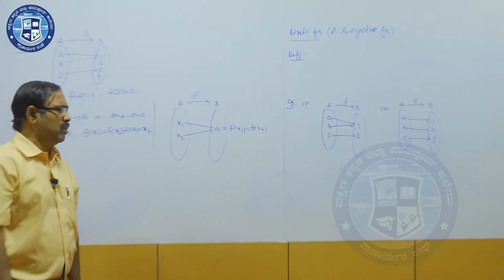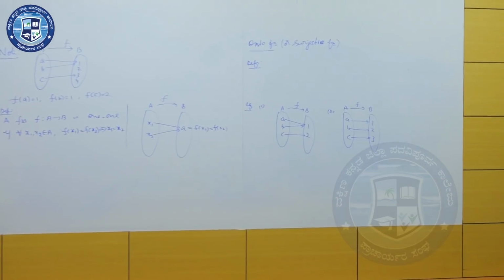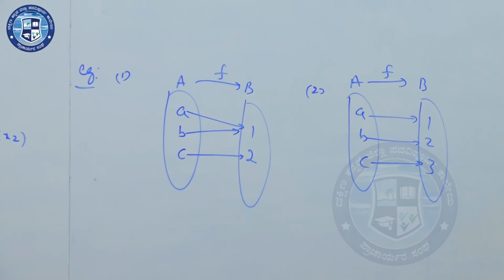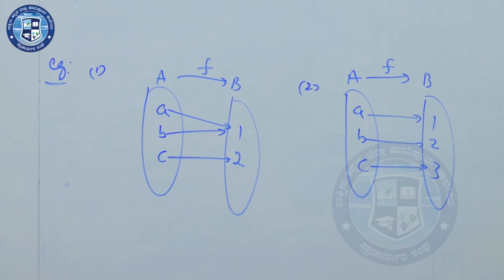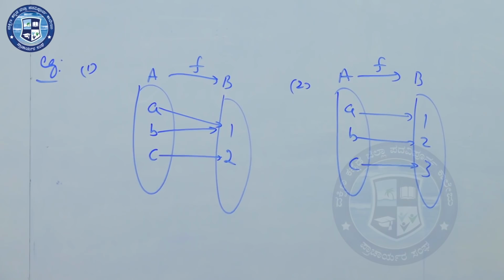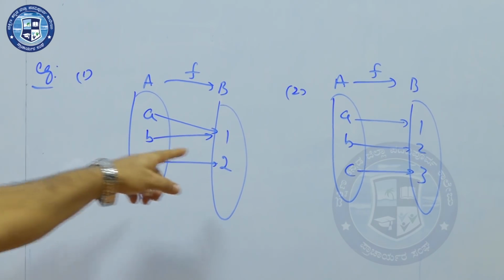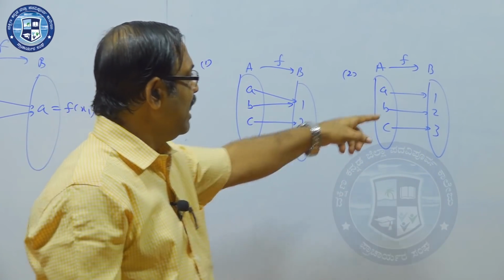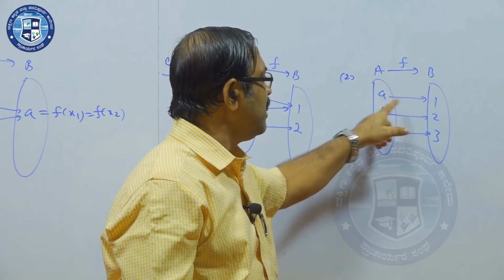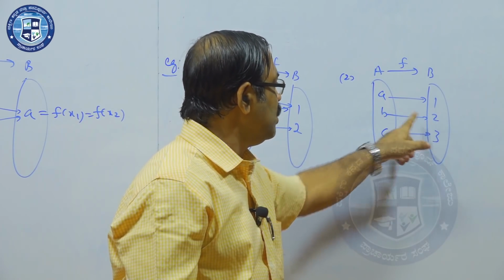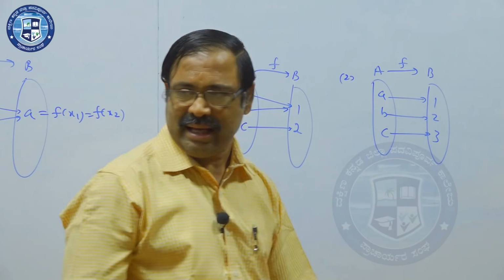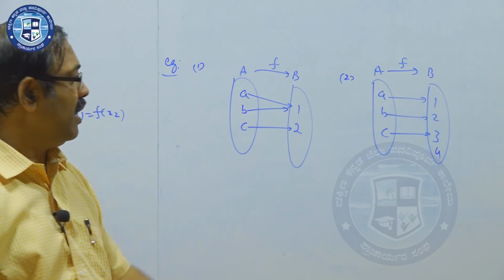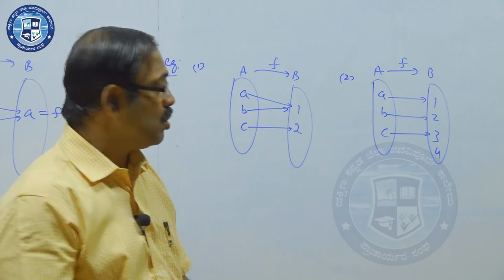So what is the conclusion now? Or what do you understand? See, a function is said to be onto in a very simple idea: all the elements of set B, all the codomain elements, are images. Here I have written those elements which are the images of the elements of set A. Again here all these are images of A. 1 is image of A, 2 is image of B, 3 is image of C. Suppose you write say 4 here without being an image of any element of set A, then this is not onto.